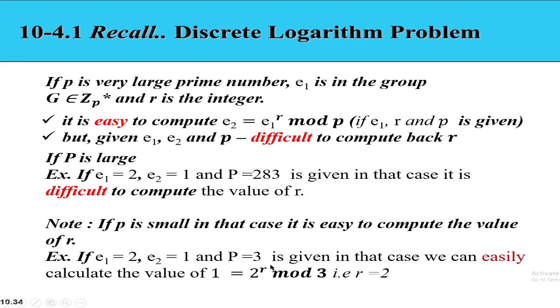By applying the formula 1 equals 2 to the power R mod 3, obviously R equals 2, because 2 squared equals 4, and 4 mod 3 is equal to 1. So we can easily compute the value of R in that case.